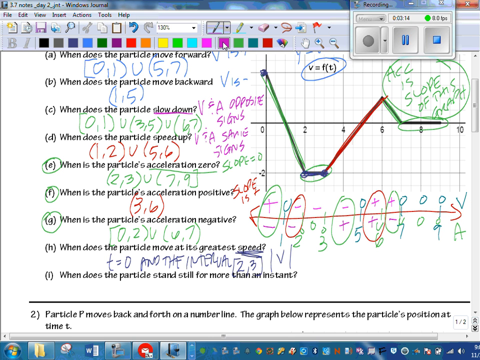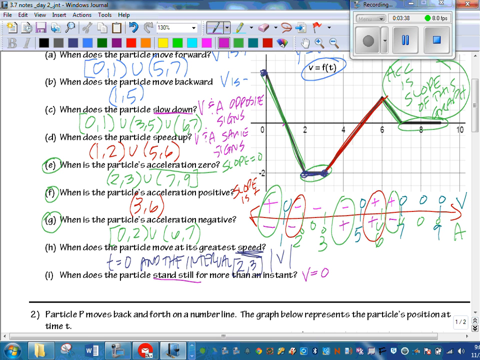And then our last part, I, when does the particle stand still for more than an instant? So standing still, what does that mean? Velocity is 0. All right, so the velocity has to be 0, but it's saying that for more than an instant.